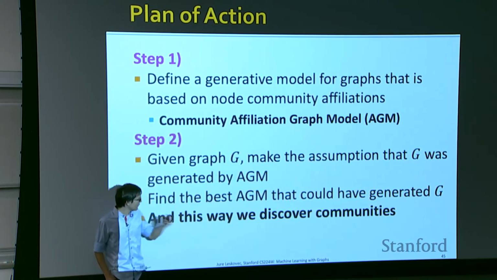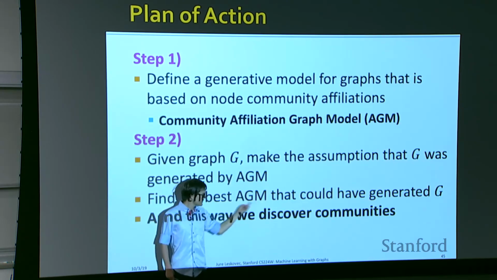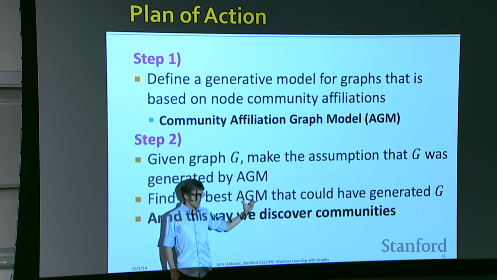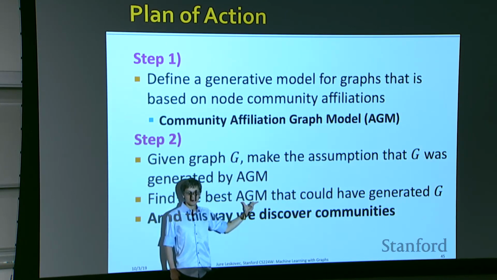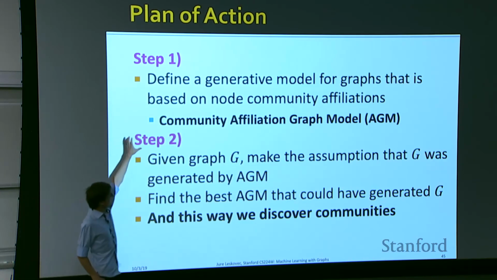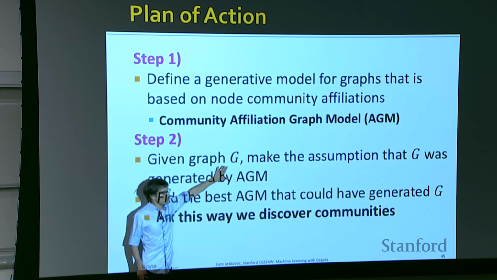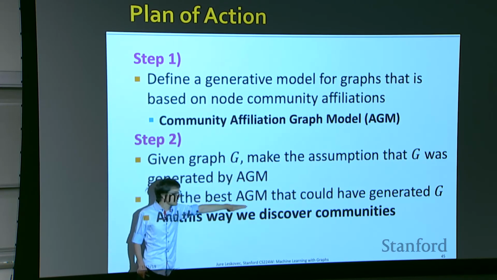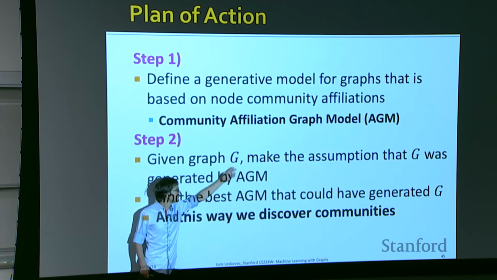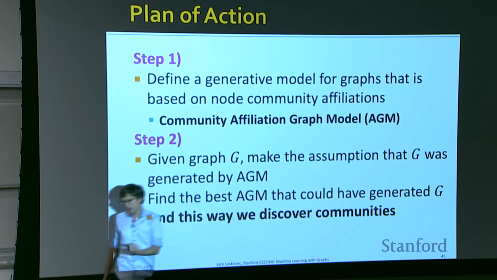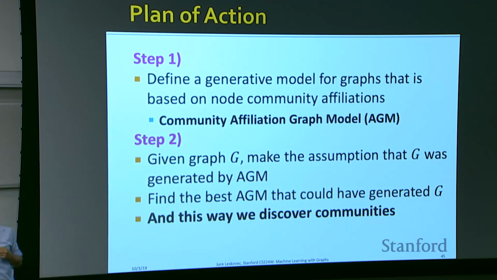The reason we'll discover communities is that the way this model generates the edges of the graph is based on the membership of nodes to communities. So essentially, we are making this assumption. We design a generative model. We assume that our data comes from the model, and then we ask, what are the model parameters that could have generated the data? And the model parameters will tell us how nodes belong to communities. That's the idea. All right?